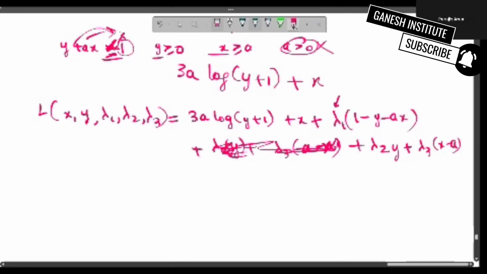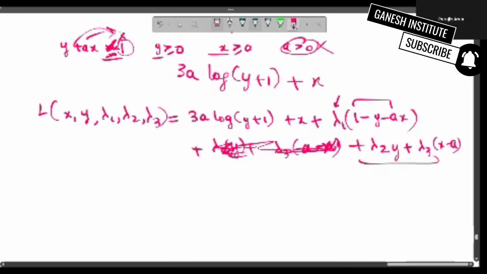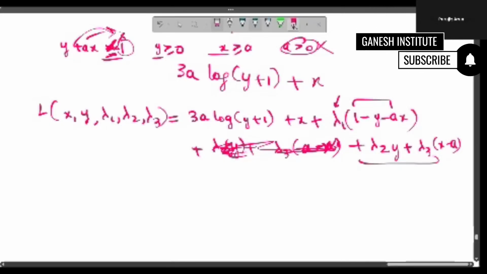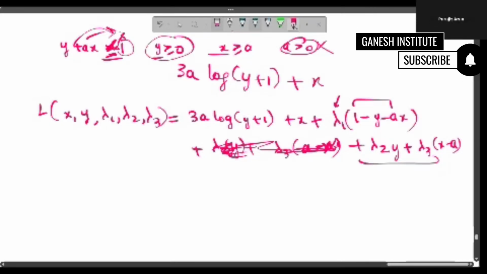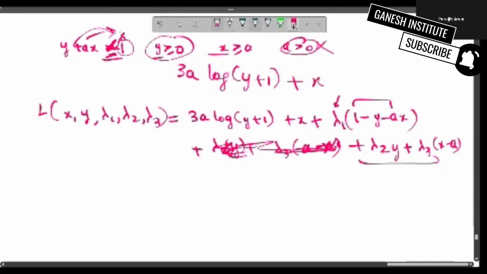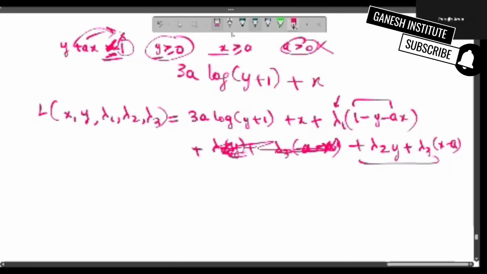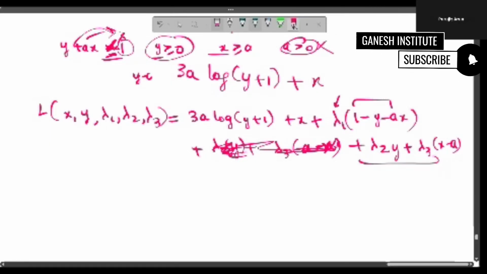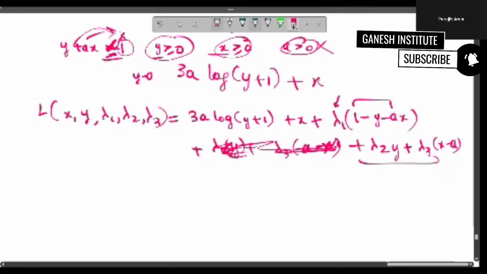Just remember one thing, keep it uniform so that it will not impact your result. For lambda 2, it is y greater than 0. So you will take y minus 0. Here y greater than 0, then here you will have x minus a greater than 0.